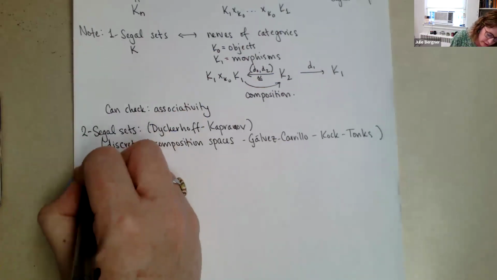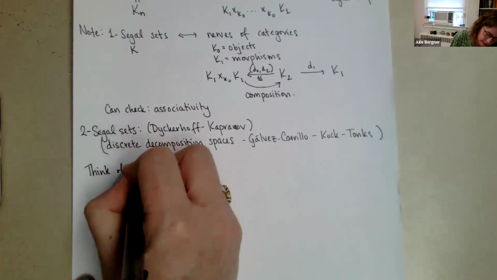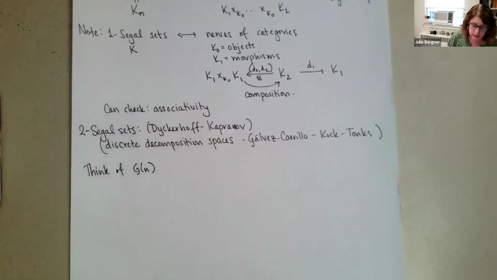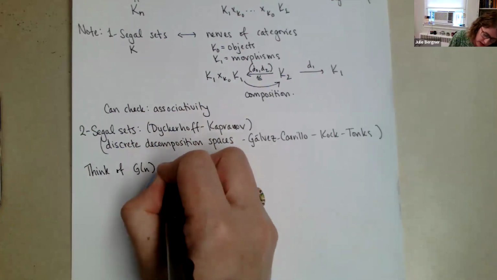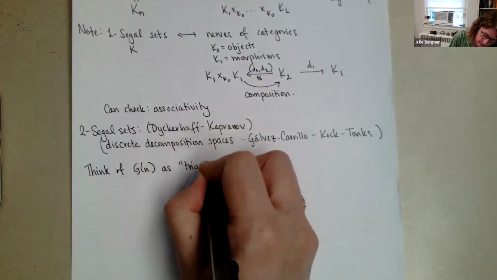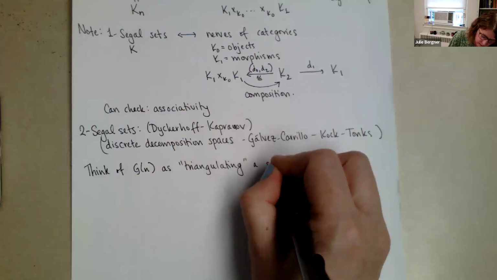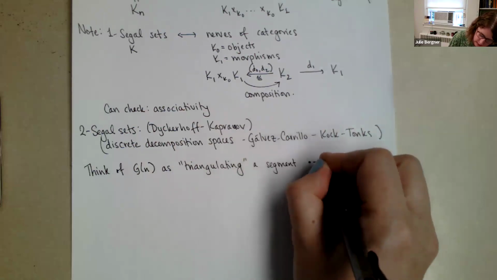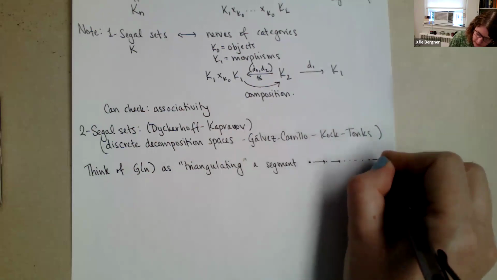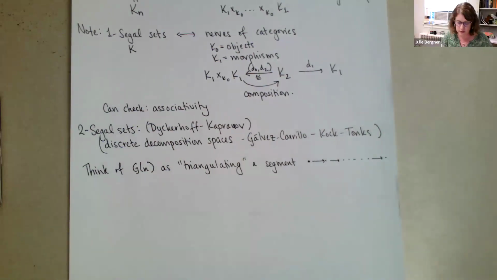Well, if we think of G_n, this thing we use to define the simplicial set we use to define 1-Segal, we can think of that as triangulating a line segment. We're sort of saying, okay, I've got some directionality, but I'm chopping up a line into n pieces. And that's a one-dimensional thing. So now I'm going to use a two-dimensional triangulation to generalize this.